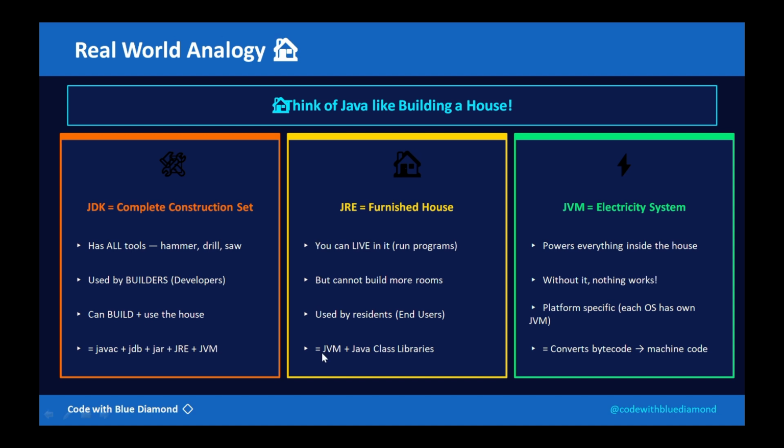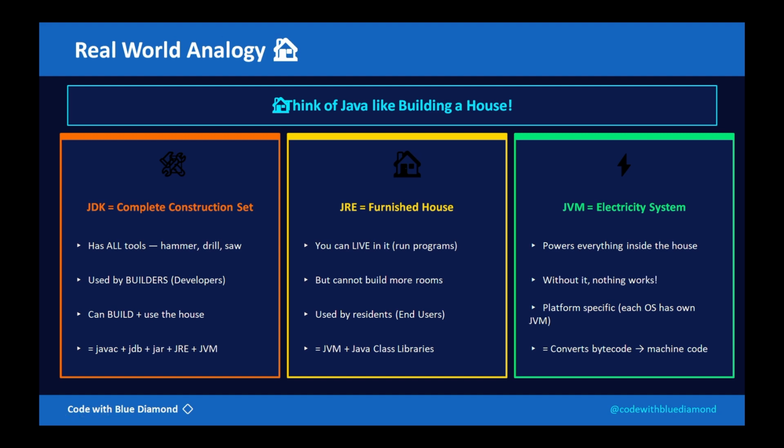JRE is like a furnished house. You can live in it and run your programs, but you cannot build a new room or make changes. It is used by residents, which means end users. JVM is like the electricity of the house. It powers everything inside. Without it, nothing works.